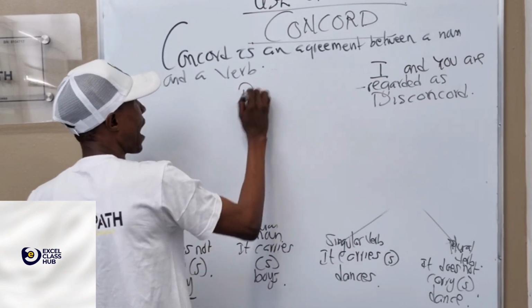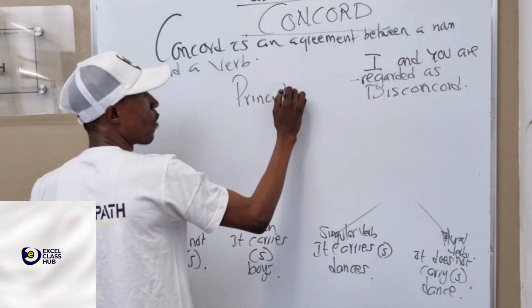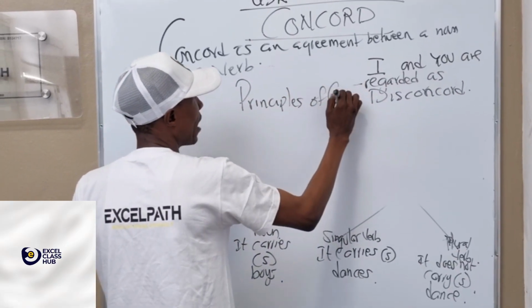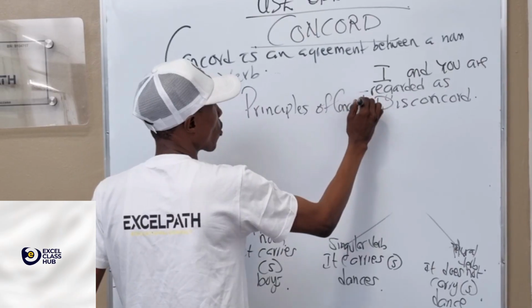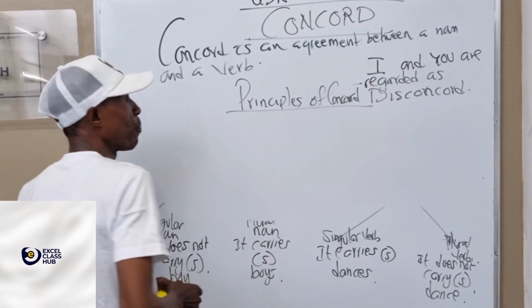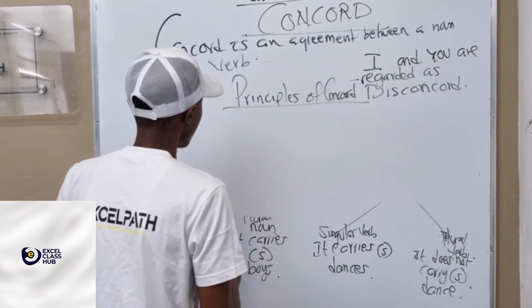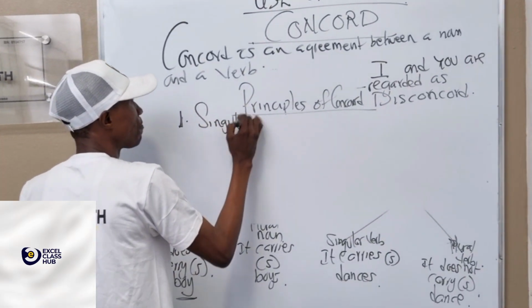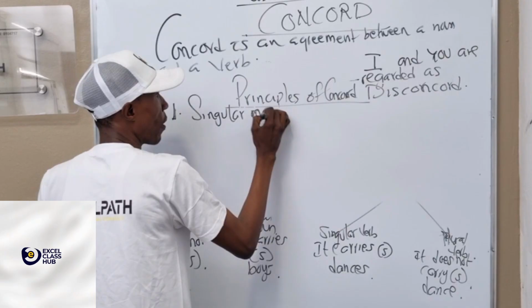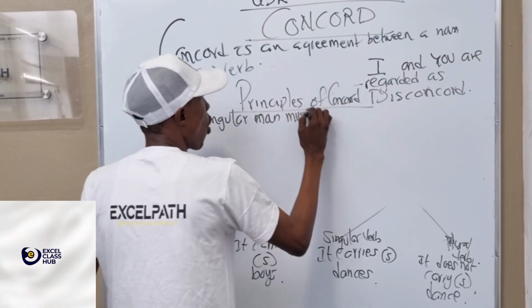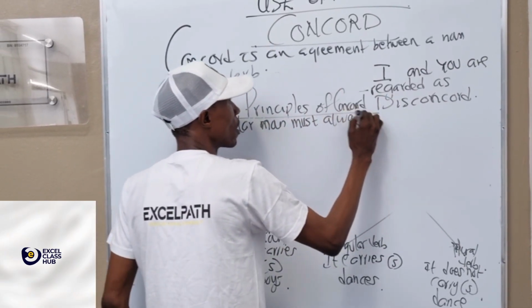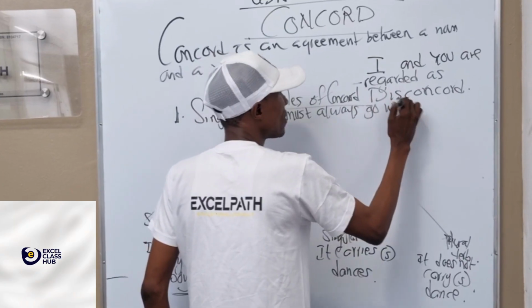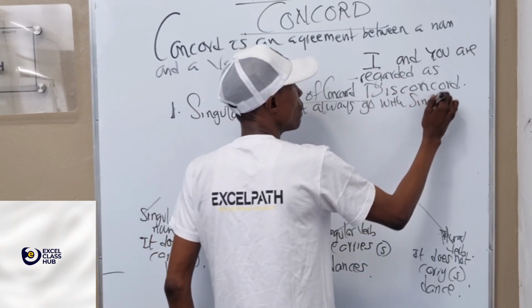Now, what are the principles of concord? The first principle we are going to look at this hour is our singular noun. Our singular noun must always go with a singular verb.